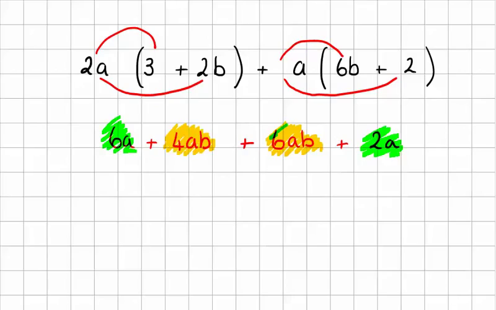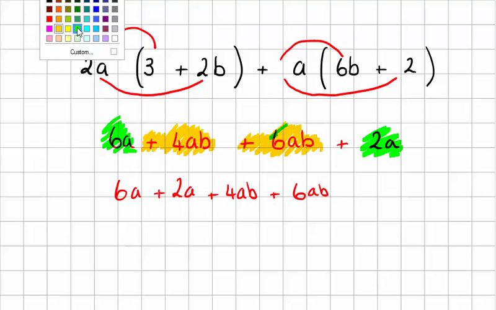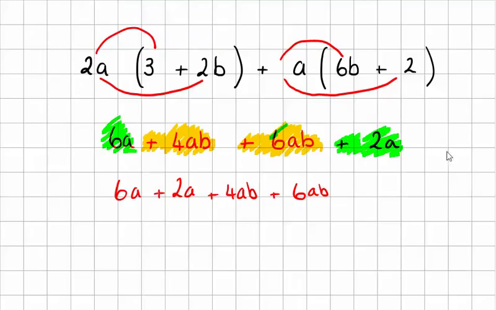So what we can do now is collect the like terms together. Again, you won't necessarily write this when you're doing it for real yourself, but I'm going to rewrite it as 6a plus 2a plus 4ab plus 6ab. What I should have done, my fault, is make sure the sign goes with the term.